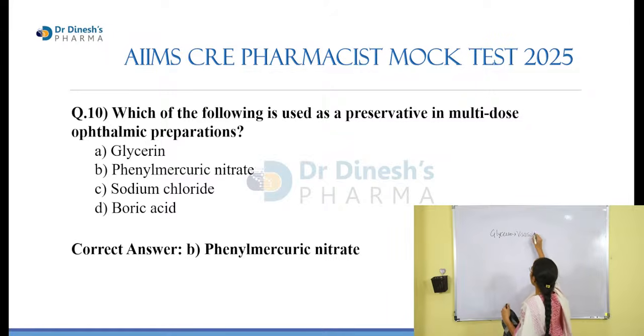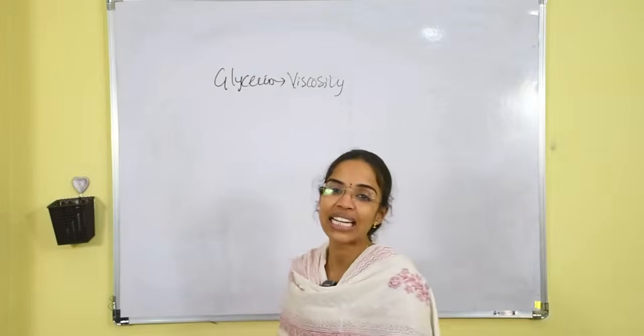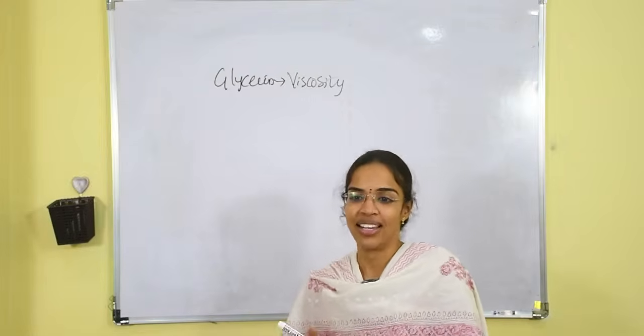In most ophthalmic preparations except eye drops, to retain the formulation within the eye cavity, further retention, we use certain viscosity enhancing agents. They need to be a little viscous. So for enhancing that kind of viscosity, we use glycerin.